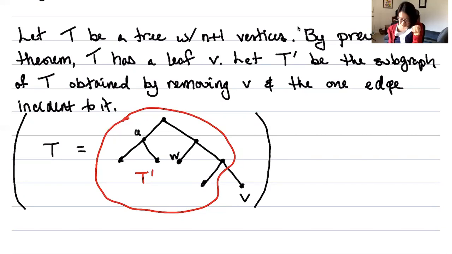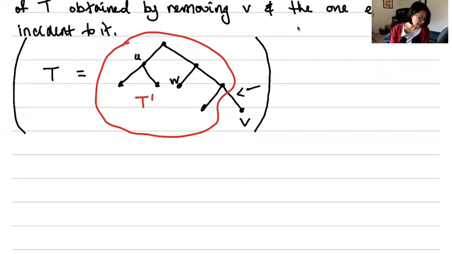If that walk used the vertex v, I would have had to walk out to v and walk back, backtracking over that edge. So just don't use it. So I can't disconnect my graph. And also, T' is a subgraph of T. Since T didn't have any circuits, I can't create circuits by removing edges. If T' had a circuit, that circuit would still exist in T. So T' must be a tree.